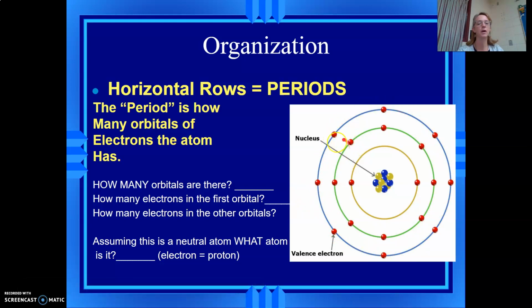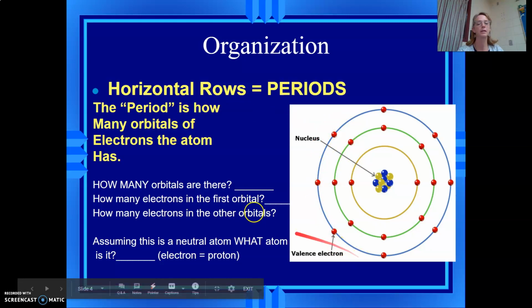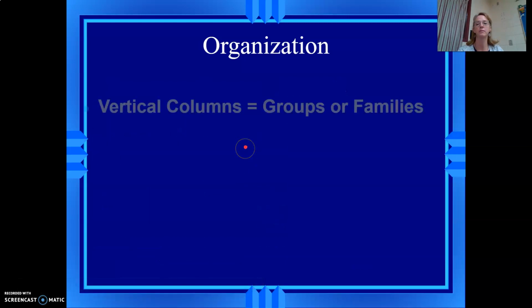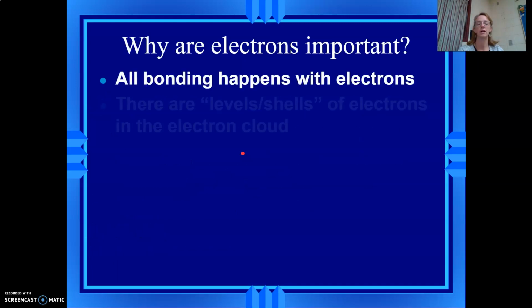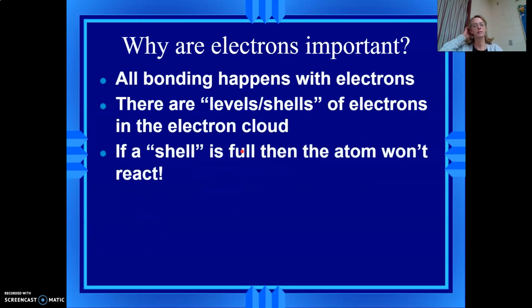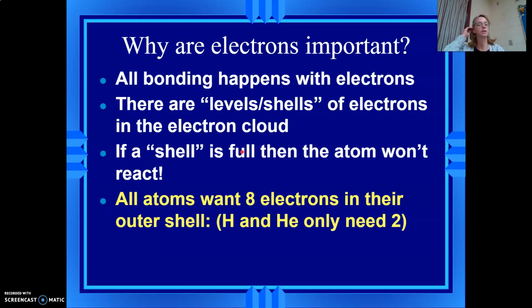So really the only electrons we care about are in this outer shell. It's important to know how many shells there are, therefore the period, and then we need to know how many electrons are in that outer shell. And that matches the number on the periodic table. So this is explaining why electrons are important. 8 is going to be our magic number. We'll talk a lot about that.